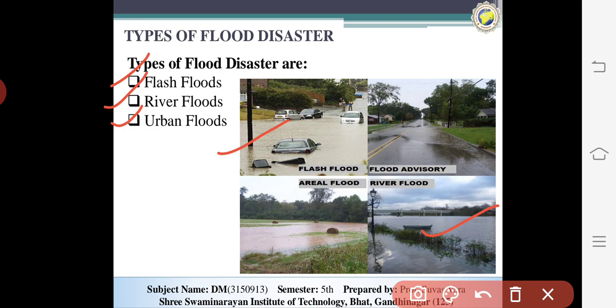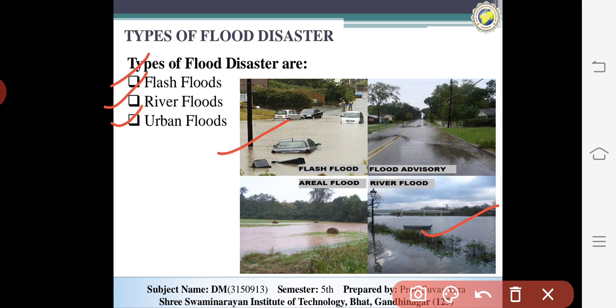These floods may continue for days or weeks. The major factors of these floods are soil moisture, vegetation cover, the depth of snow, and the size of the catchment basin. So this one is the river flood.